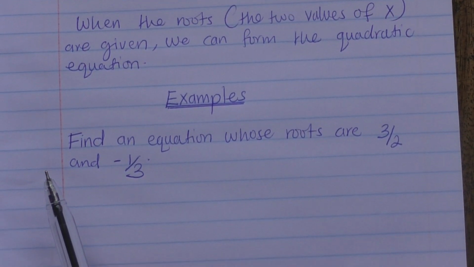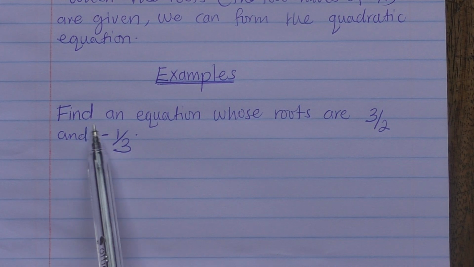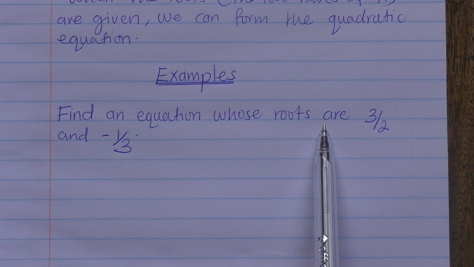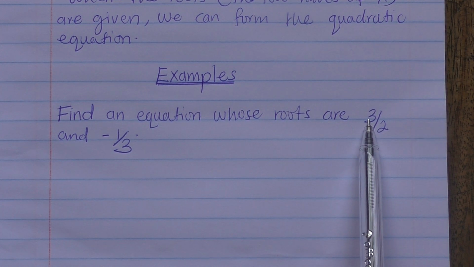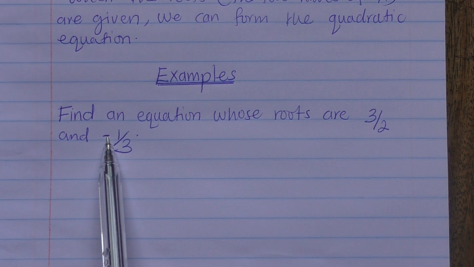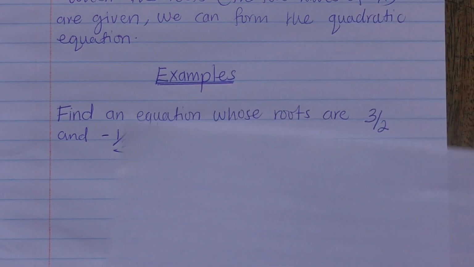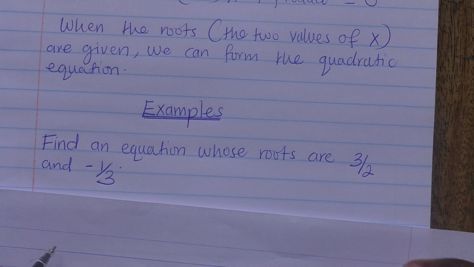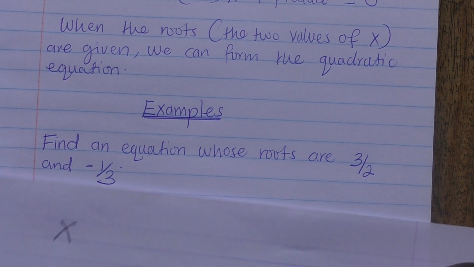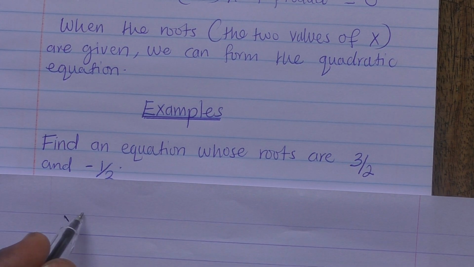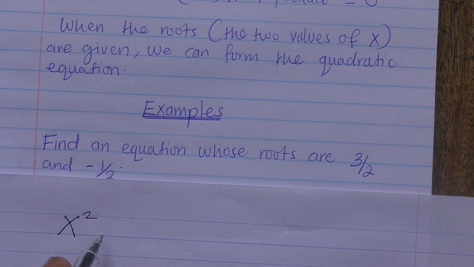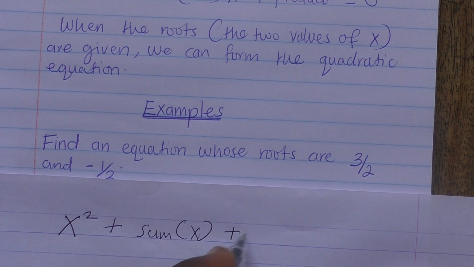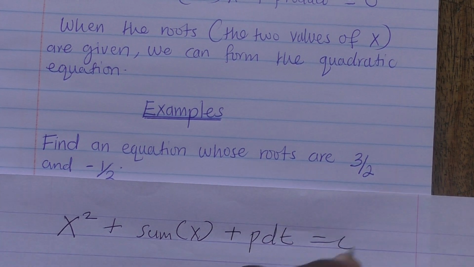So, in our example, we are required to find the equation whose roots are 3 over 2 and negative a third. So, we consider the general equation, which is x squared plus the sum times x plus the product equaling to 0.